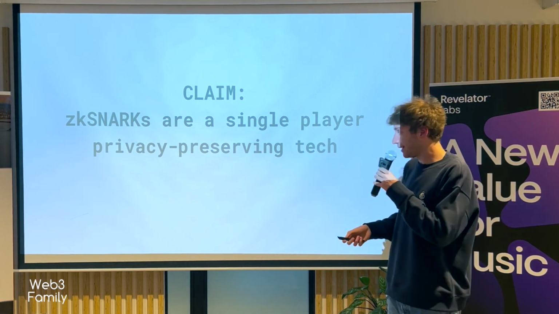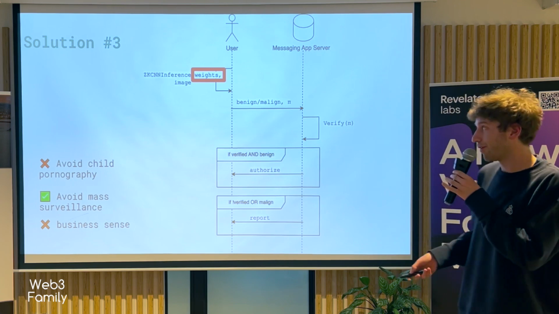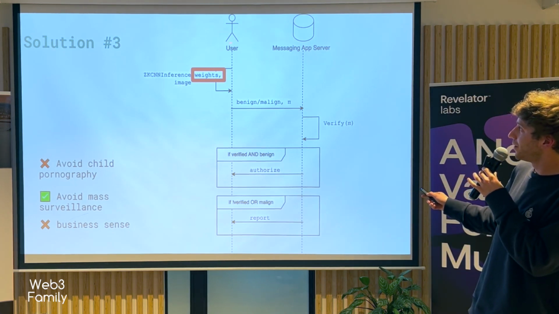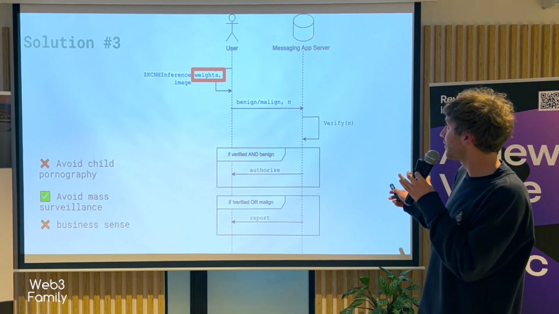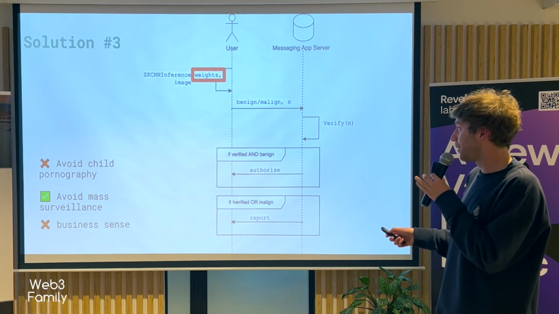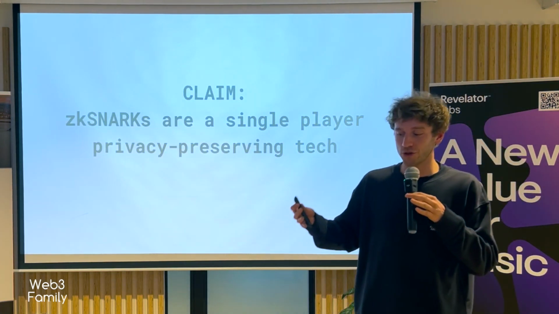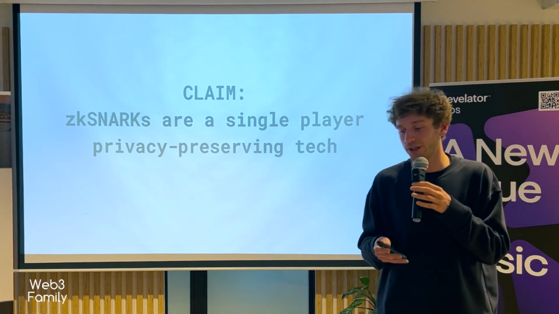But we noticed that in the previous application, we have a sort of conflict. The image is private to the user, while in an ideal world the weights are private to the messaging app server. But there's really no way to design such a multiplayer privacy-preserving technology using ZK.